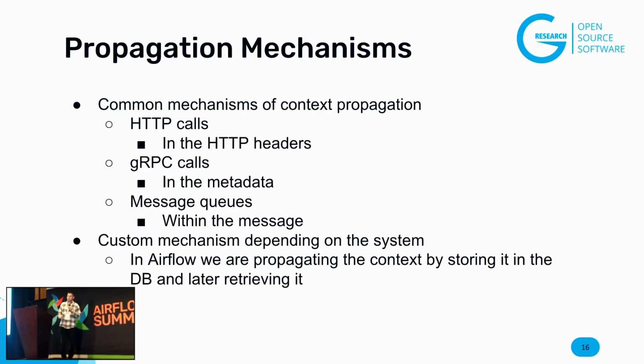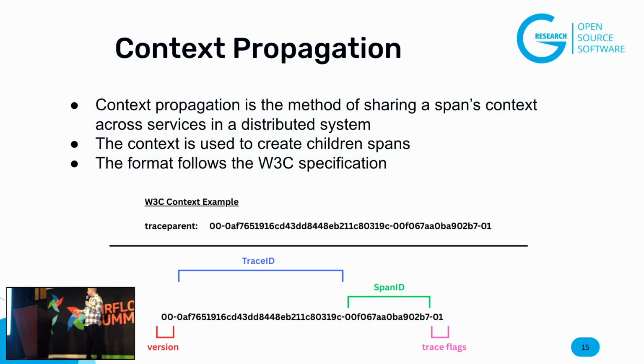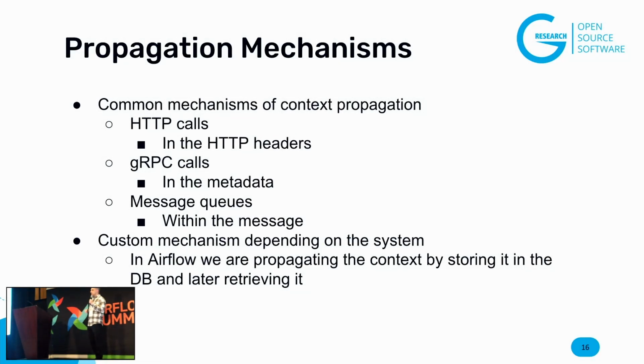We have common mechanisms of achieving context propagation, but that depends on the protocol of communication. For example, if you have an HTTP call, then you are going to get this here, and you are going to pass it in the HTTP headers. If you have a gRPC call, you are going to pass it in the metadata. If it's a message queue, you are going to set it within the message. But depending on the system, you could also have custom mechanisms.